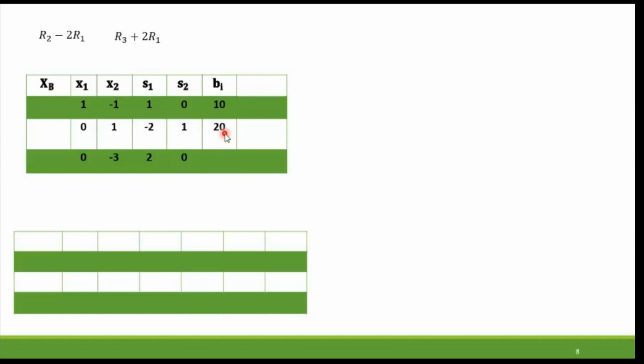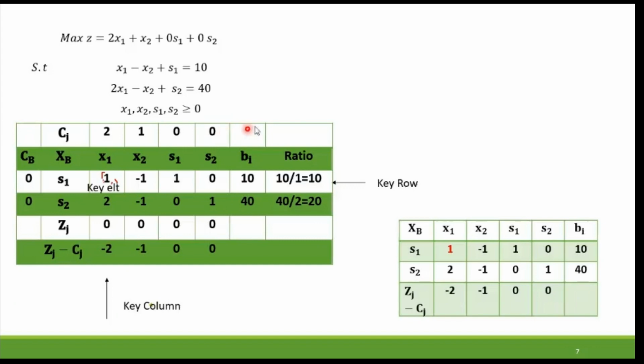One second, I just check that. Sorry, यहाँ 40 है ना. 40 minus 20, that becomes 20. 40 था ना, तो 40 को हमें R2 minus 2R1 करना है. तो 40 minus 20 is 20 in the next slide.